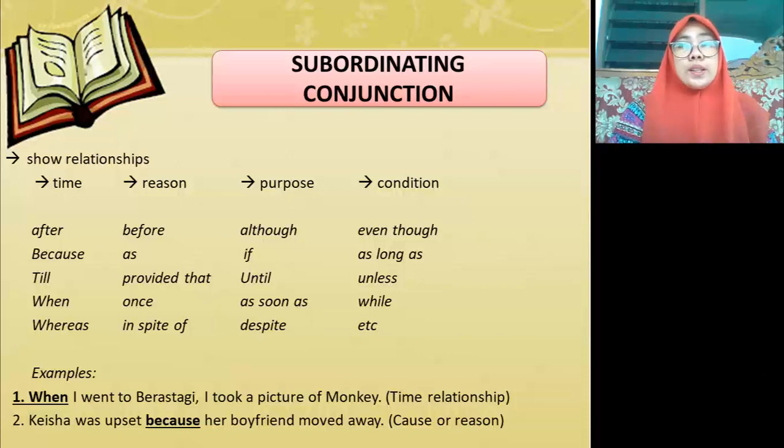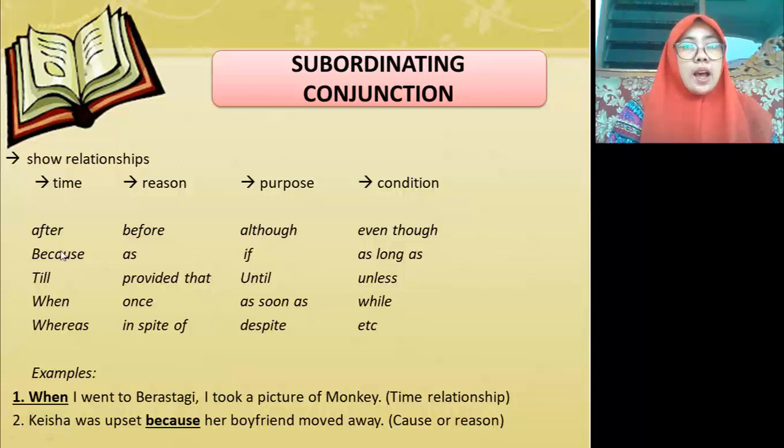Okay, the third part here is called subordinating conjunction. We talk about the subordinating conjunction if you want to show your relationship, for example, showing the time, showing your reason, showing your purpose, and showing your condition. And there are some words that you can use when you want to use the subordinating conjunction in your sentence.